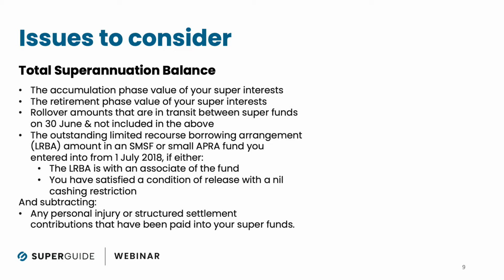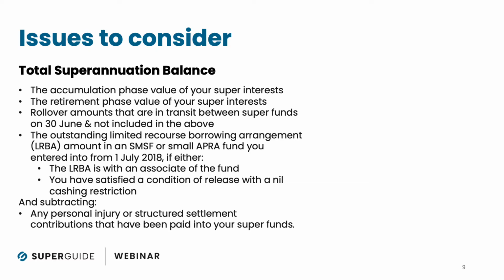If the fund's borrowed money and those amounts came from a related party, what we call an associate of the fund, and the member has met a condition of release, like they've retired, for instance, you need to add their proportionate value back in. I'll cover that in a second.